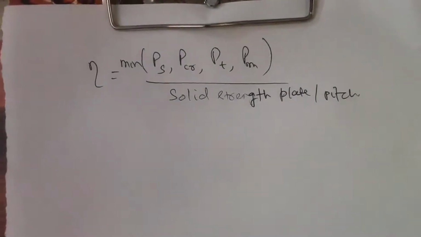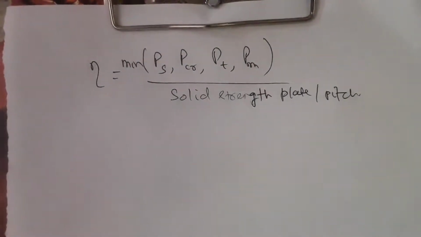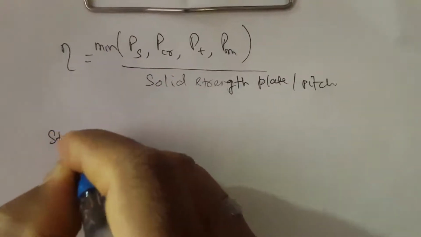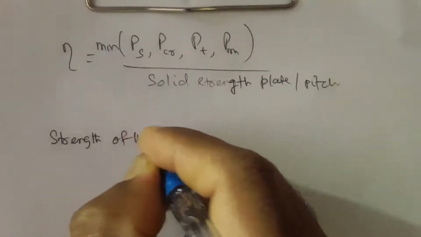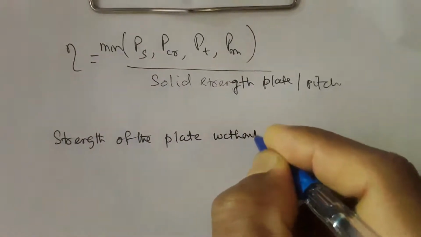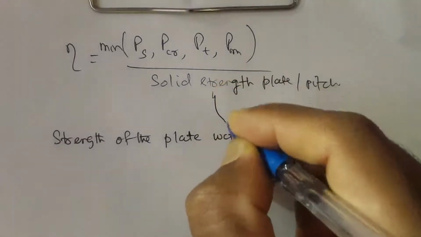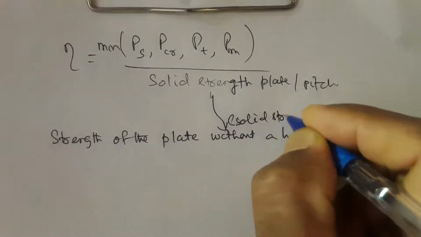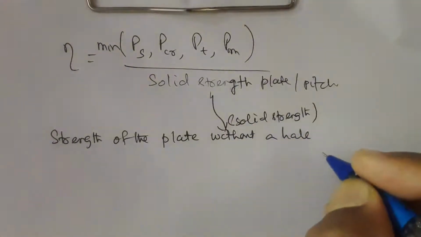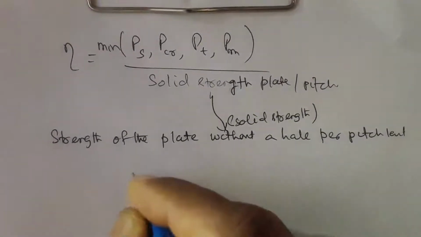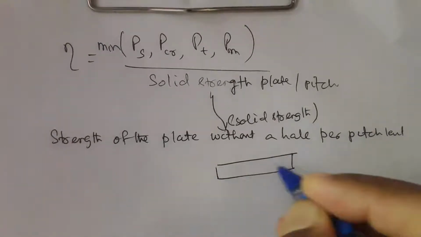So let us find out the tensile strength of the plate without hole, or intact plate, the solid strength per pitch length. So it should be just like this.